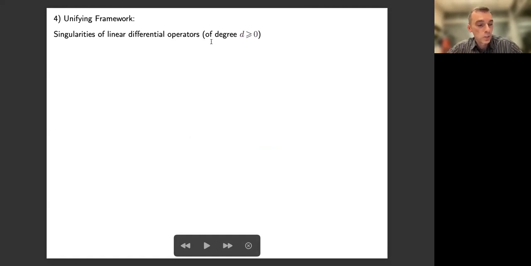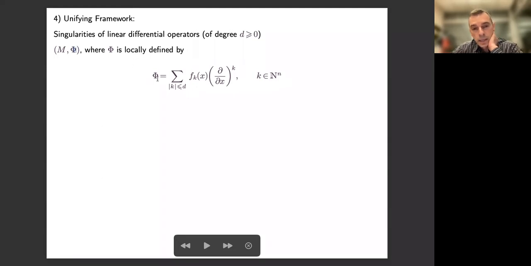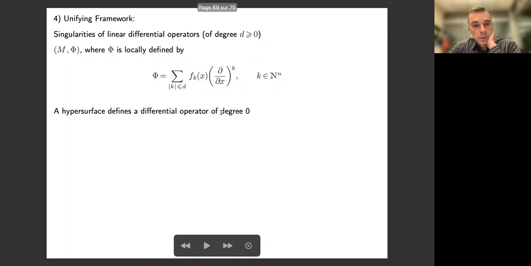I will not have time to enter into much detail, but now you have a pair given by a manifold and an order D differential operator given locally by an expansion like this. In this framework, you can see that a hypersurface, the Hironaka framework, can be seen as a differential operator of degree 0 given by multiplication by a function.